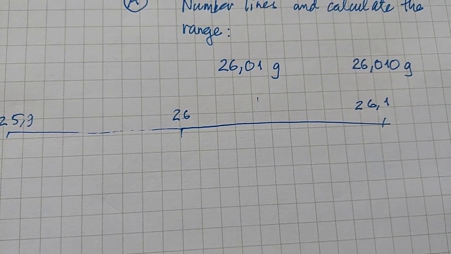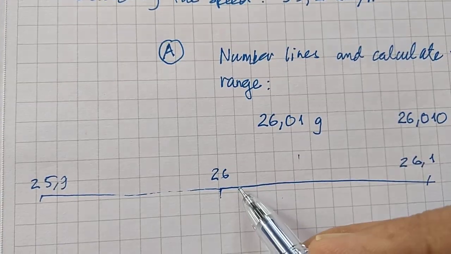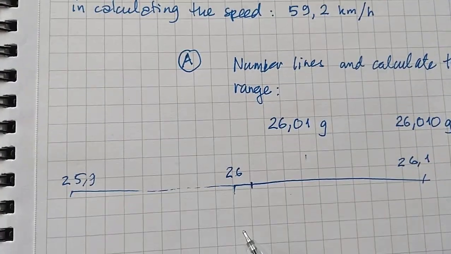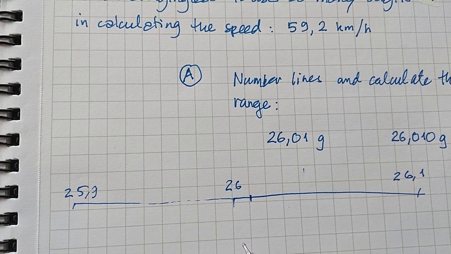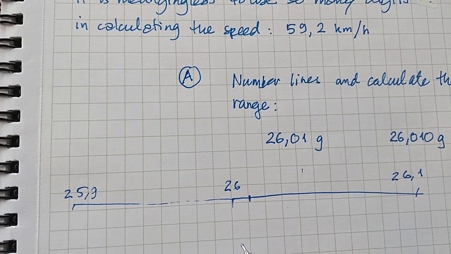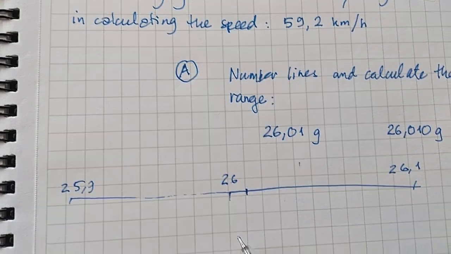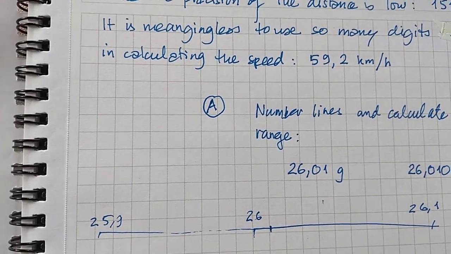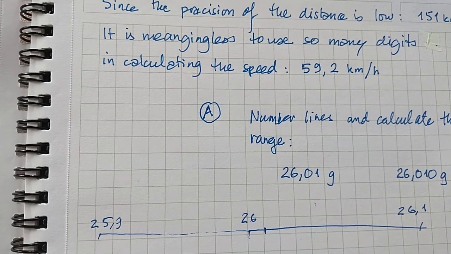So 26.01 will be here. Actually, you may need to draw a little bit more expanded than that. Anyway, let's see. No, don't do it this way. Let me think. Make it a little easier for you.